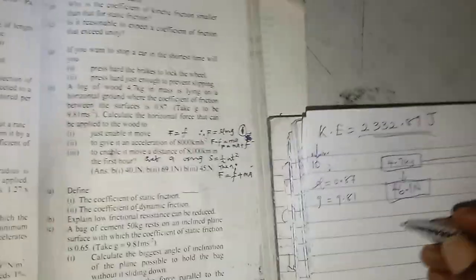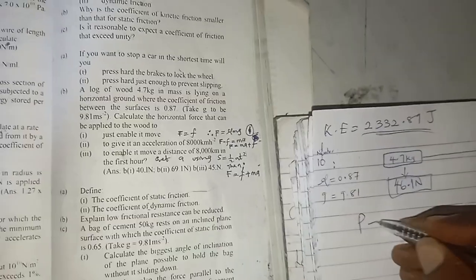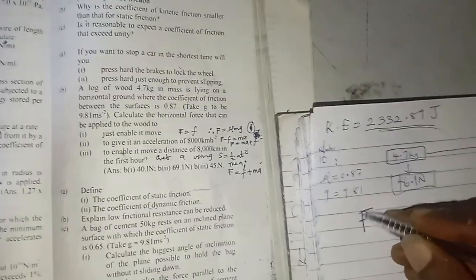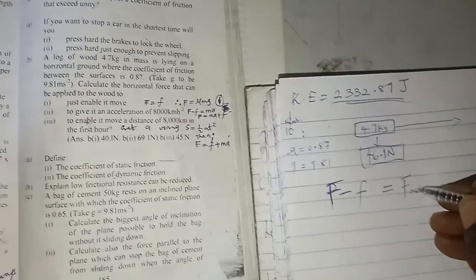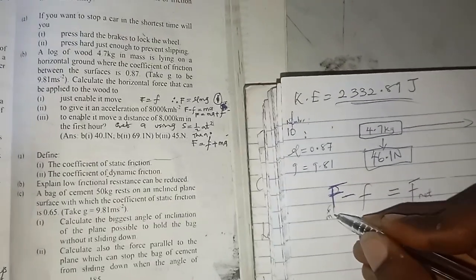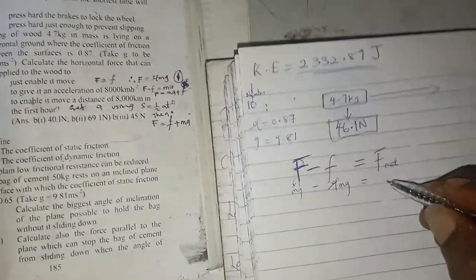Now remember that for horizontal friction, we normally write P minus F, that is forward force minus frictional force, equals total force F net. And this one will always be mu mg, and this will always be ma.